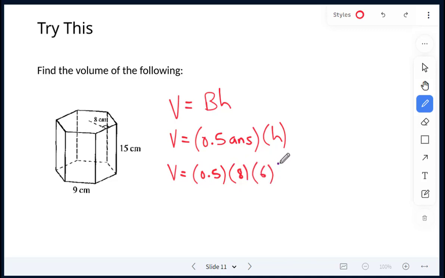It's a hexagon. And the side length is 9. And we are multiplying by the height, which is 15. So multiplying that all together, that gives me 3,240 centimeters cubed.